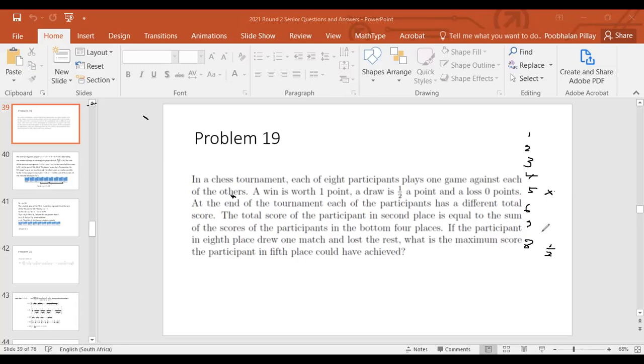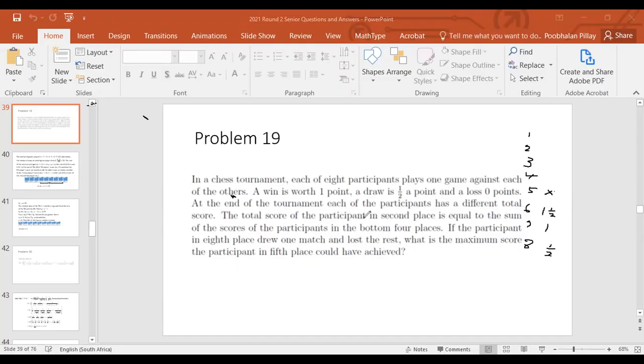So you must remember, half a point is allowed, because you can draw. If the remaining points are as small as possible, then we'll have to have this be 1, because all the scores are different. And this is 1.5 here. We want that to be as small as possible.